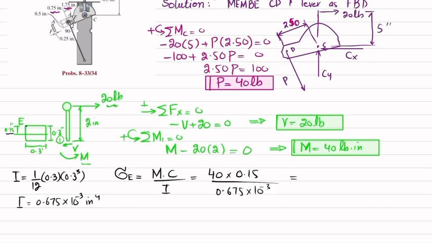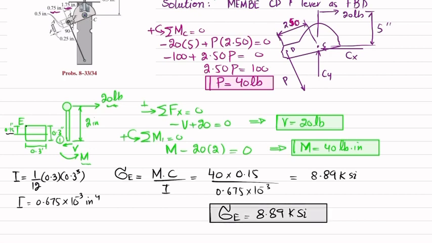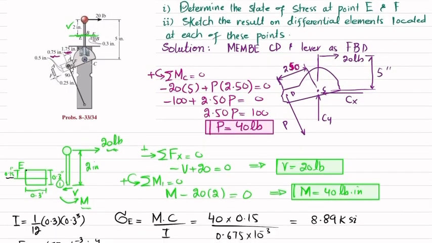And when you solve this, you will get sigma E is 8.89 KSI. Sigma E is equal to 8.89 KSI. Also, you can see over here that this is the condition when you remove this force, so there will be a moment.